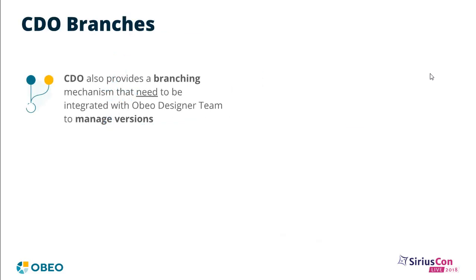You can also use the mechanism which is provided by CDO. CDO supports the branching mechanism, which allows you to manage several versions of the same model in the CDO repository, but it is not by default integrated with OBEO Designer Team. So you need to integrate this branching mechanism in OBEO Designer Team to manage your versions with CDO.